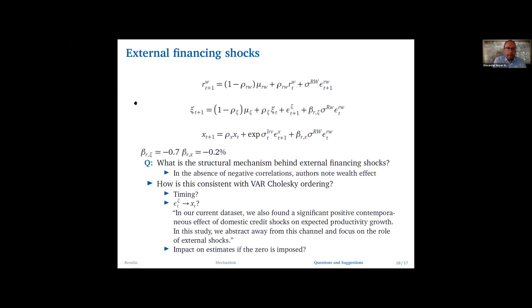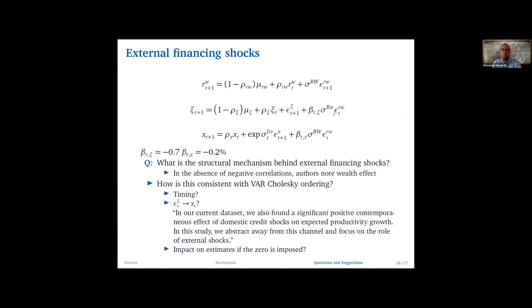What we notice here is that for the long-run growth process and for the internal financing tightness, or internal financing shock, the credit constraint for firms, we have just mechanically the shock from the rest of the world interest rate showing up here. Now, this was identified in the VAR, so I understand why it's there. I would like to know the structural mechanism that's giving me this link. If policy is going to do something effectively, how is this going to come in?